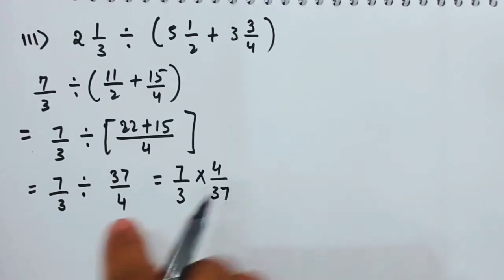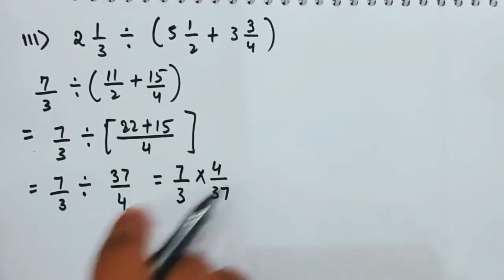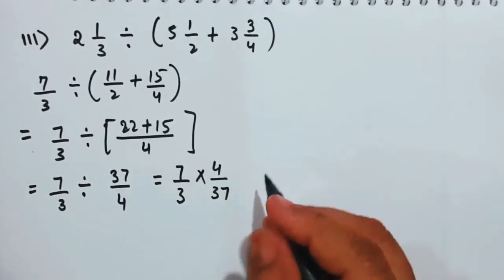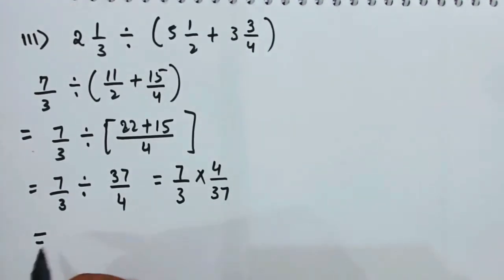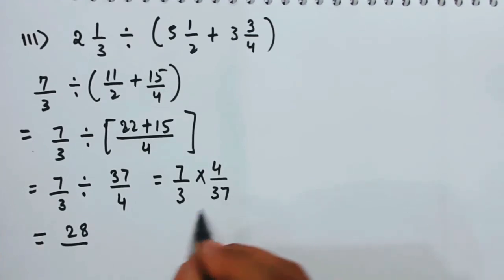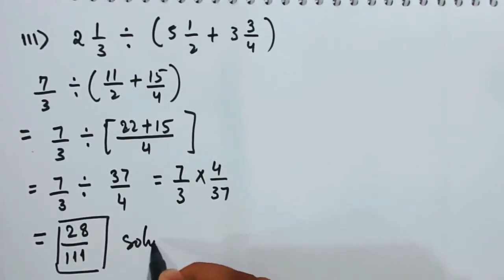When you convert division into multiplication, you will have to change this into its reciprocal form. Reciprocal means inverted. 7 4s are 28. 28 by 3 into 37, 111. So this is your solution.